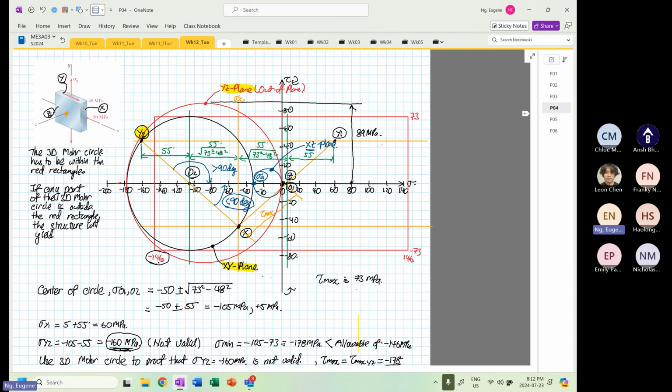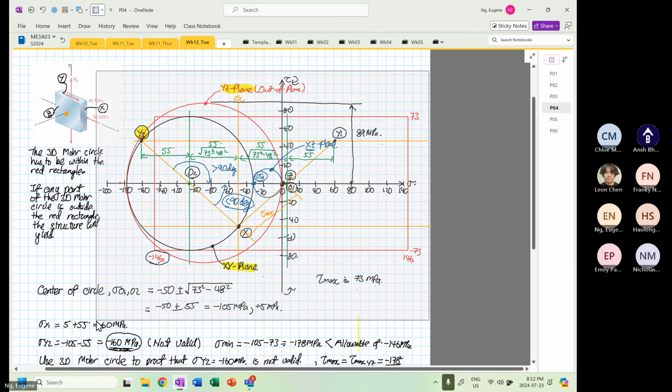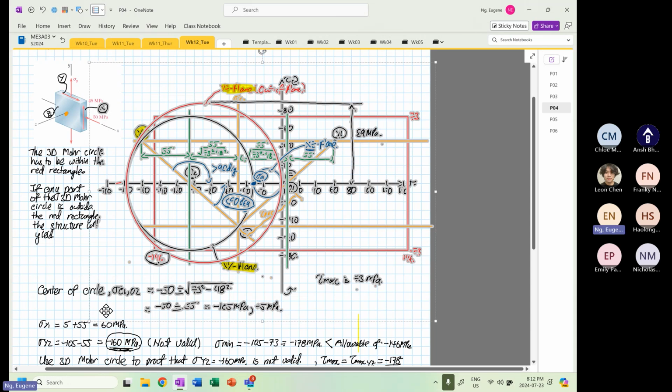Right. So the next one we're going to find is whether Y1 is a possible solution. And we can see that Y1 is inside the red box, as you can see. So what I will try to do, if I can, is copy the whole thing. Usually these don't work.